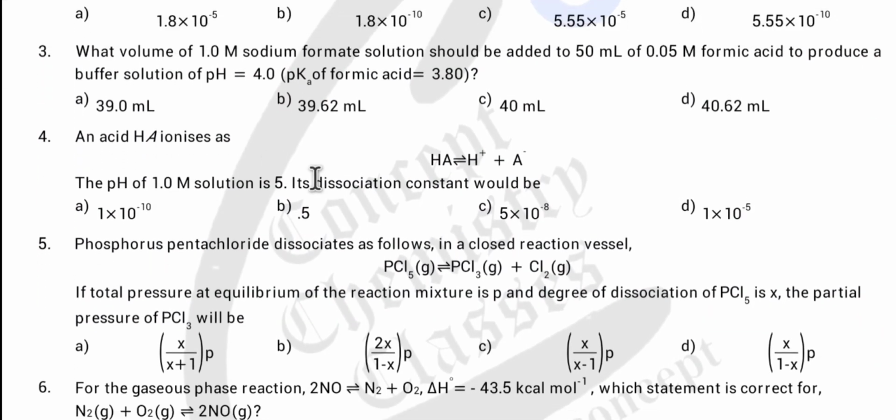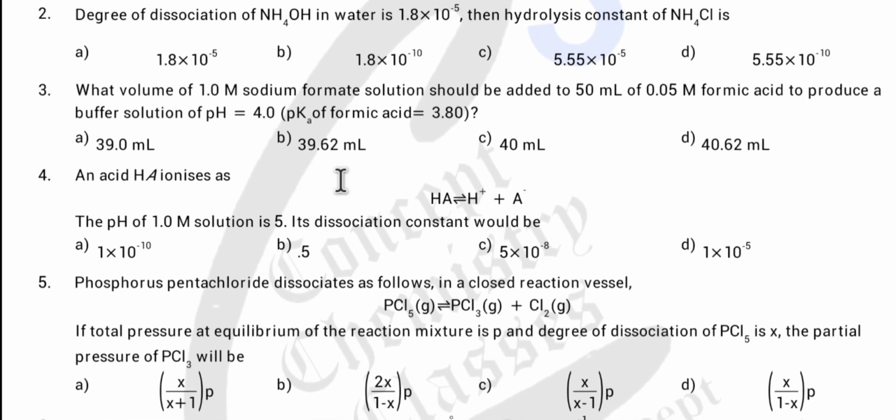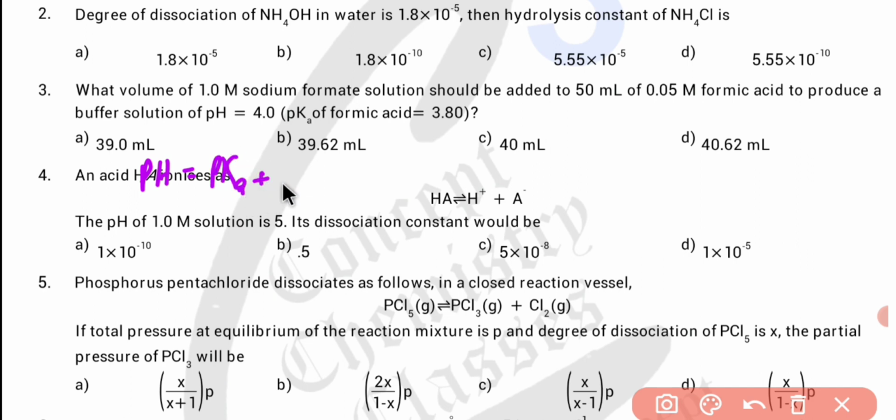Now to solve this question, the formula to calculate pH for an acidic buffer is pH equals pKa plus log of salt concentration divided by acid concentration.